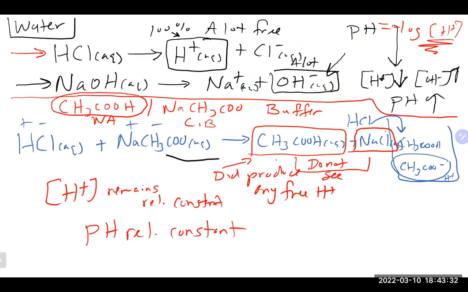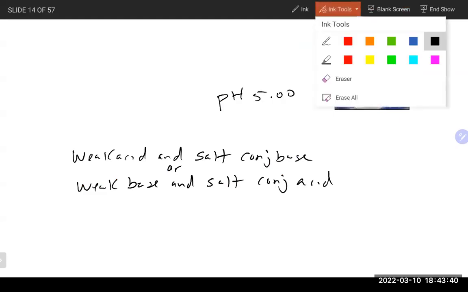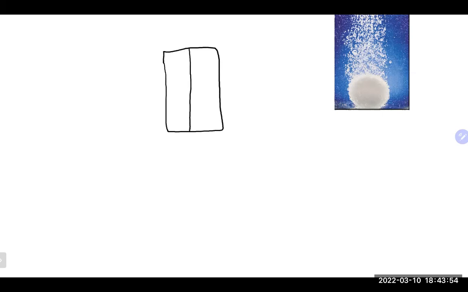Another really important thing that we see here is, let's do this. So what we really see is, if you think about a buffer, there's the acid part and the base part of your buffer.